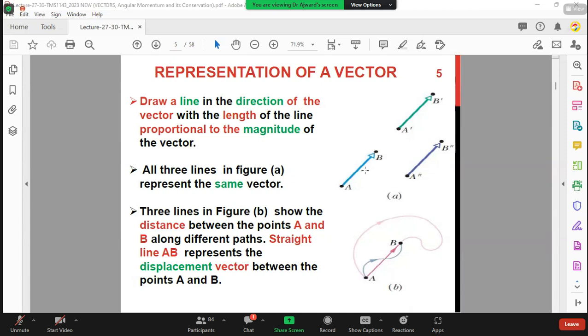And this vector AB, and A prime B prime, and A double prime B double prime, all three vectors are the same because they have the same length and they point in the same direction.